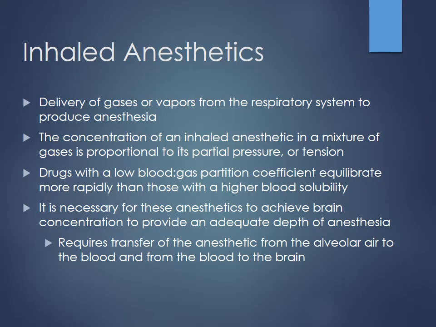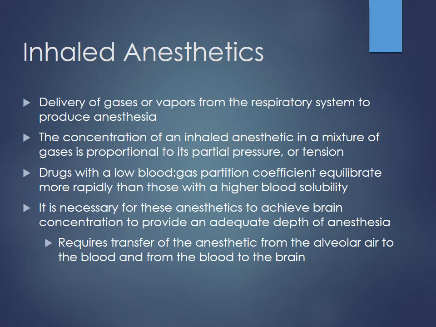Again, using the inhaled anesthetics, this is where we're delivering gases or vapors to the respiratory system in order to produce anesthesia. Remember that the lung vasculature is pretty vast and is a very good space for absorbing medications.